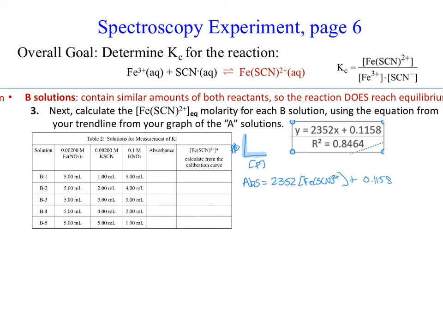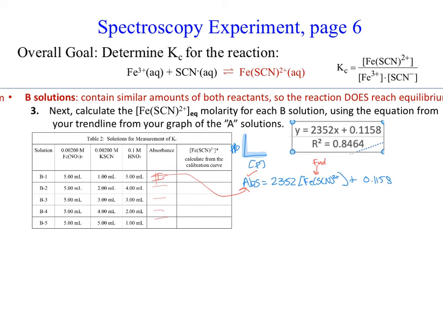0.1158. You have the absorbance values because you write down these numbers. That'll be just a number, and you're going to plug that in for absorption, and then you can find the molarity of your solution. Because these B solutions reach equilibrium, we cannot calculate the molarity of the product based on a limiting reactant.